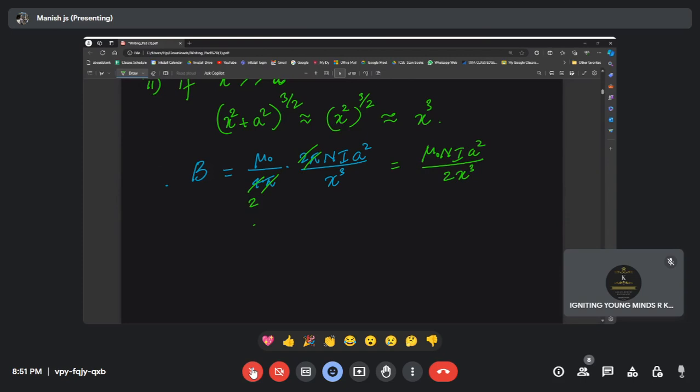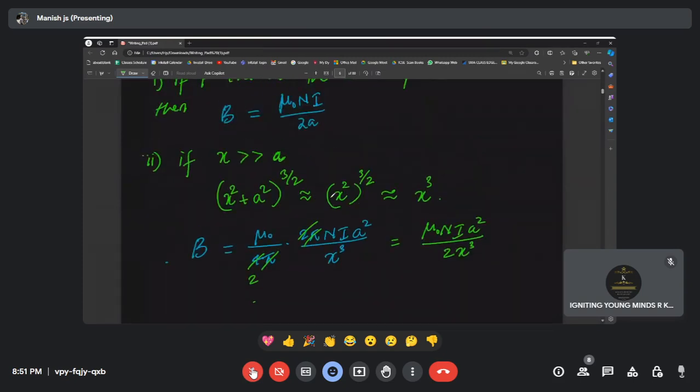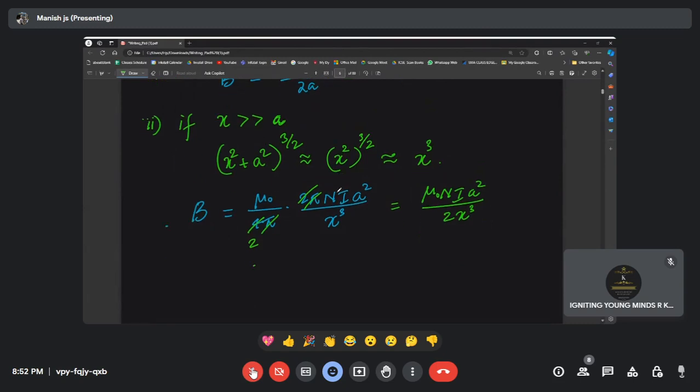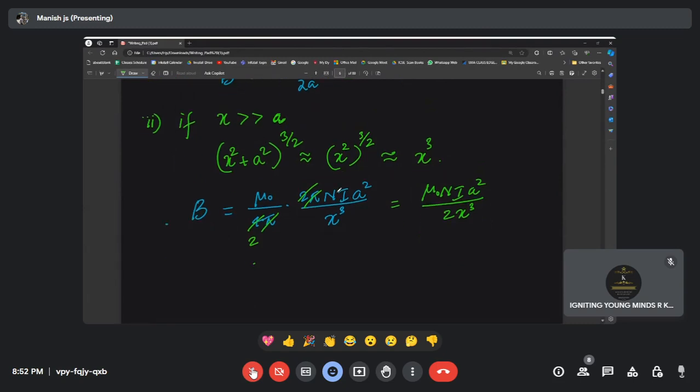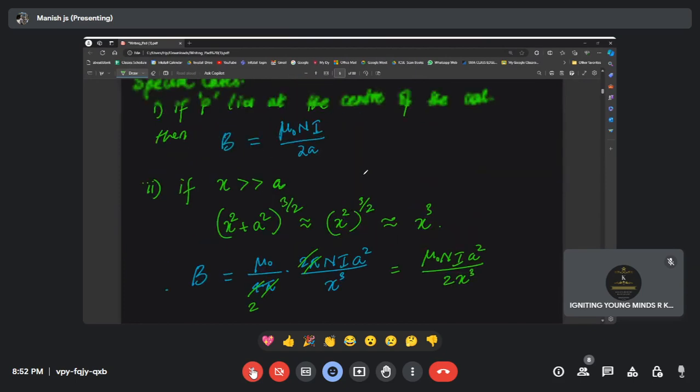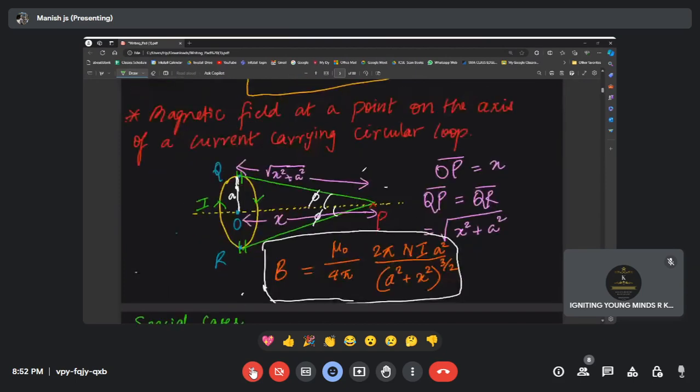These are the special cases that you must keep in mind for finding the magnetic field at a point along the axis of a current carrying loop.